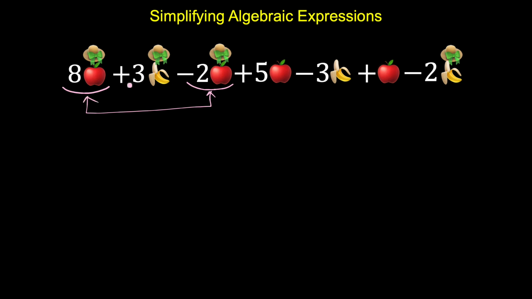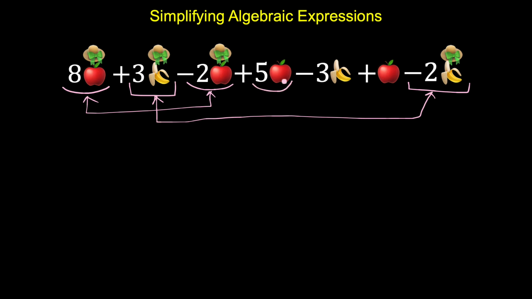And another term is 3 bananas with hat. So for finding like terms, we need another term including banana with hat. And as you can see here, we have -2 bananas with hat. So both terms are like terms. And the next term is 5 apples.